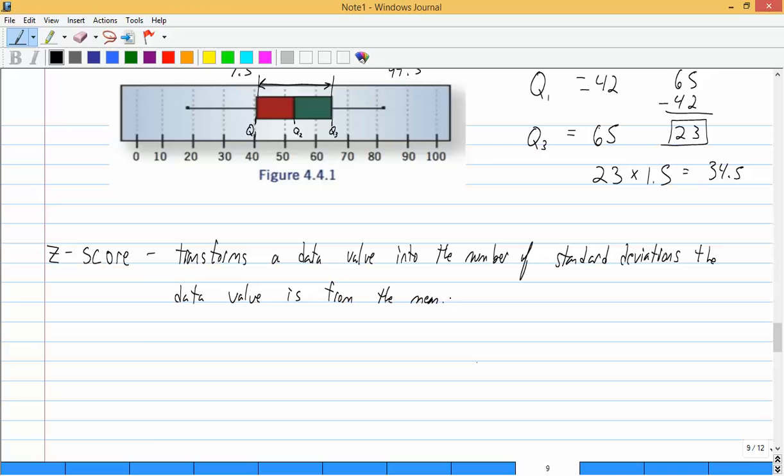And so it kind of standardizes a number in a way so that we can tell its relative position.